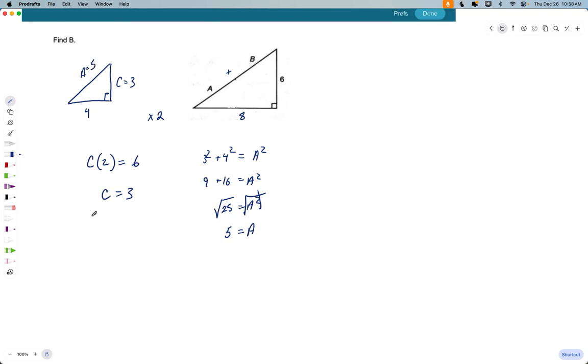So now I can just use my scale factor and say that A times 2 is equal to A plus B, right?